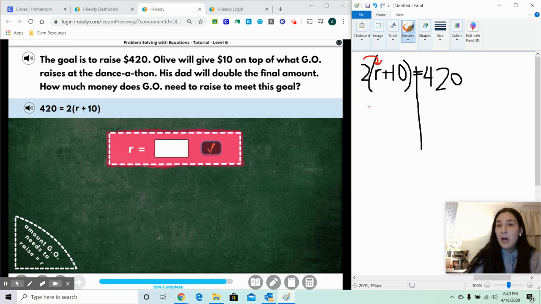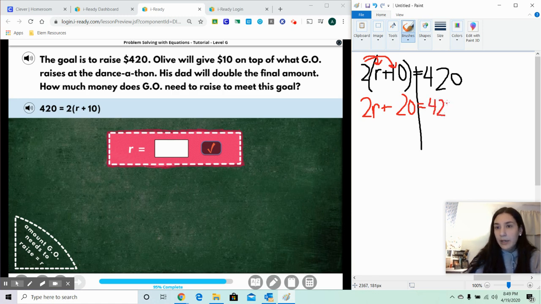So 2 times R is going to give us 2R. Now, 2 times positive 10 is going to give us plus 20. And we're going to bring down everything else that we see, so equals 420.